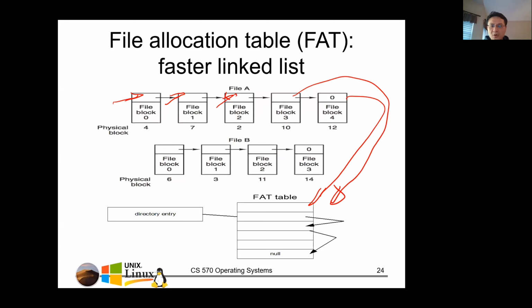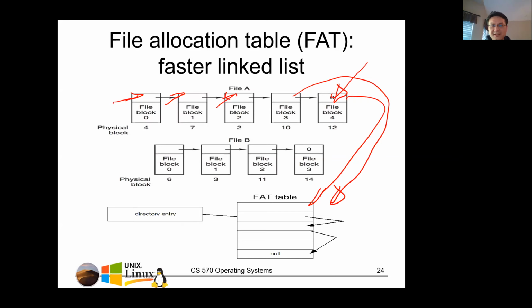Again, the basic idea is to use a separate table to store and track the linked list chain of file block information. By the way, each file block normally has a size of 1K, 2K, or 4K.